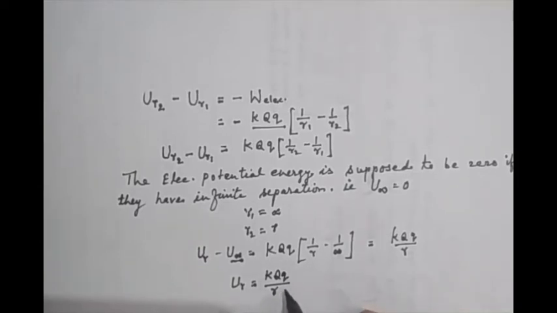It is also equal to the work done by external forces in bringing the charge small q from infinity to a point r distance from capital Q. So it is also equal to work done.